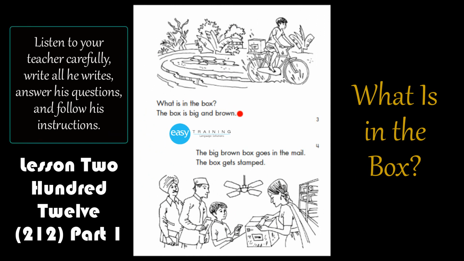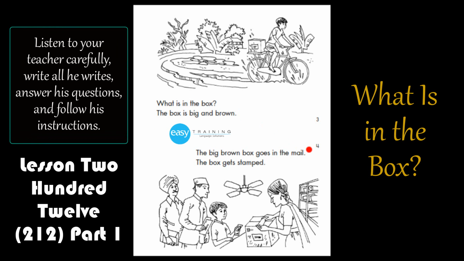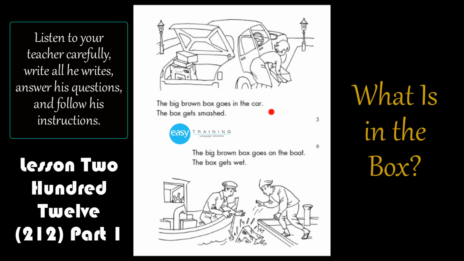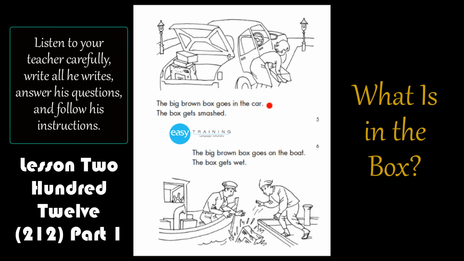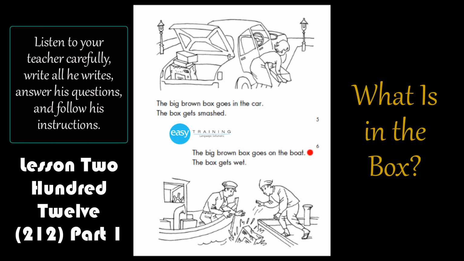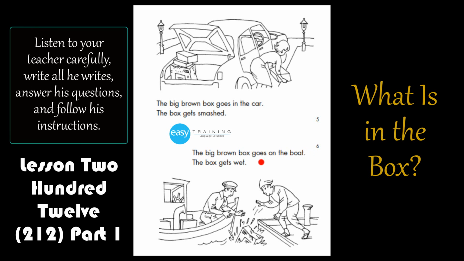What is in the box? The box is big and brown. The big brown box goes in the mail. The box gets stamped. The big brown box goes in the car. The box gets washed. The big brown box goes on the boat. The box gets wet.